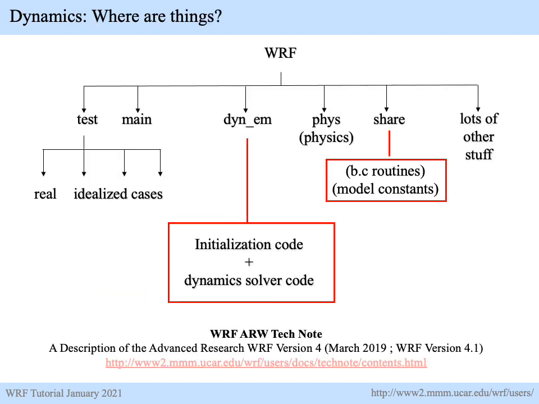So what we've talked about today is essentially how the solver works, all the code that implements that solver for the Advanced Research WRF model is sitting in the dyn_em directory below the main WRF directory. If you want to know more about how the solver works and want to look at the literature concerning how it's been set up and everything, I really strongly recommend that you look at the WRF-ARW tech note.